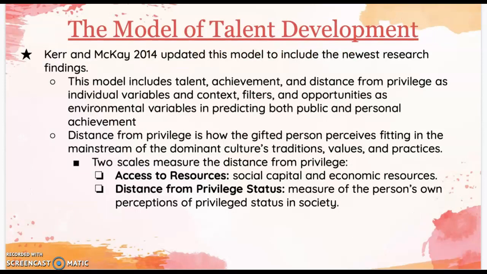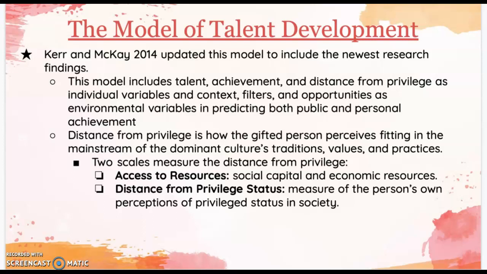Now we are looking at the model of talent development. In 2011, Subotnik et al. created a mega model of talent development that's helpful for showing how giftedness progresses throughout the development towards eminence and achievement. However, the concepts of gender and distance from privilege are lost in that model, which are major defining and delimiting factors in achievement.